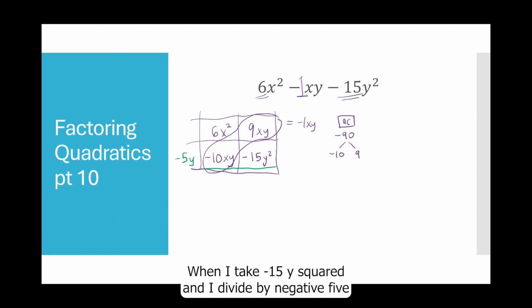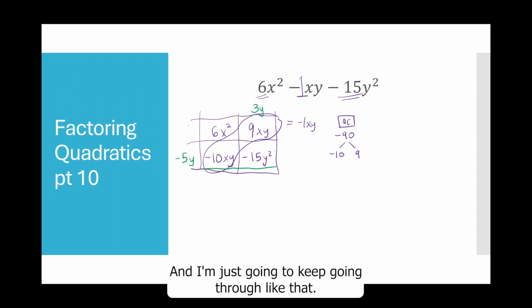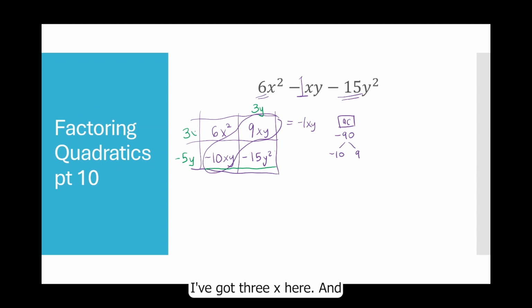When I take negative 15y squared and I divide by negative 5y, I get left up here with 3y. And I'm just going to keep going through like that. I've got 3x here and 2x here. So my answer is going to be 2x plus 3y times 3x minus 5y.